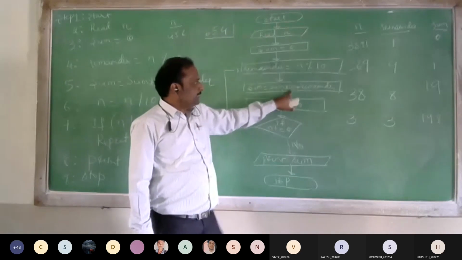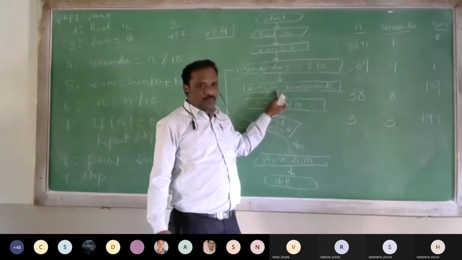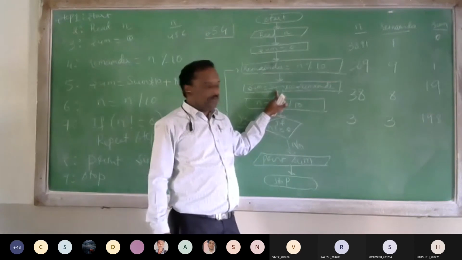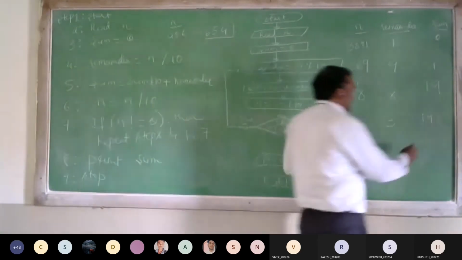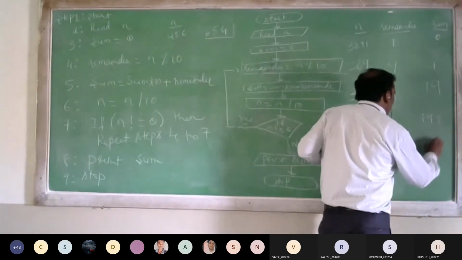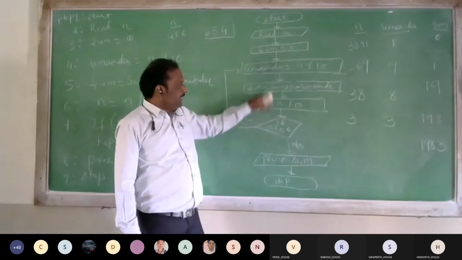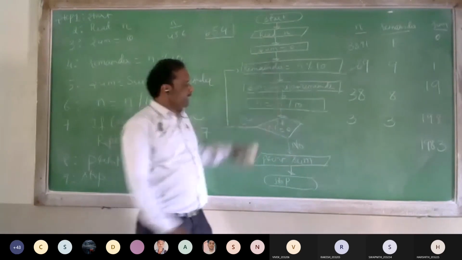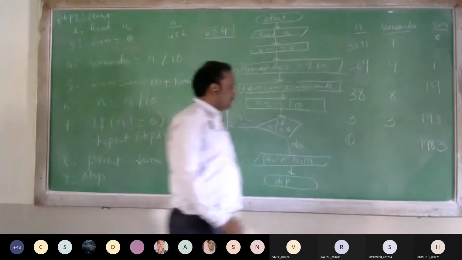Sum is equal to sum into 10. 198 into 10 is 1980. 1980 plus remainder. What is the remainder? Remainder is 3. 1980 plus 3 is 1983. Again divide this number. N is equal to n by 10. 3 by 10 is 0.